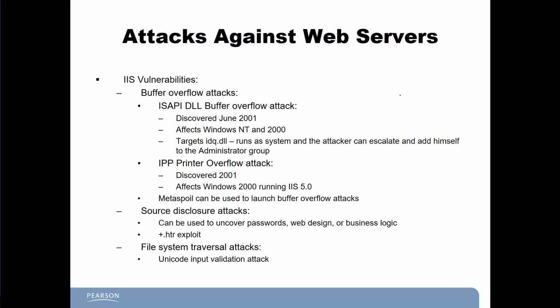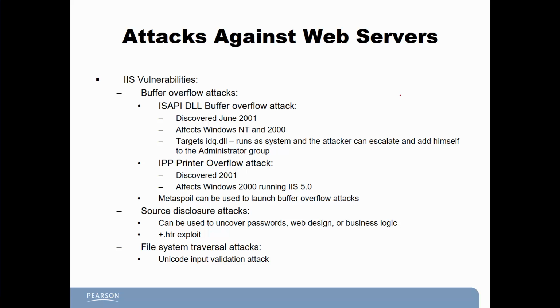For example, things like IIS vulnerabilities. IIS happens to be known to be vulnerable to things like buffer overflow attacks. And again, you can look at the IIS API DLL buffer overflow or many of the other overflow attacks, these sites are going to give you detailed specifics of the vulnerabilities in IIS.